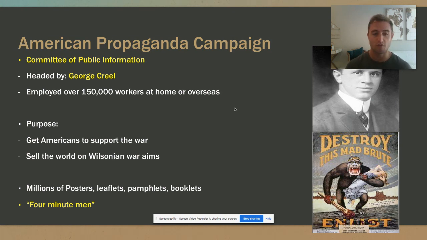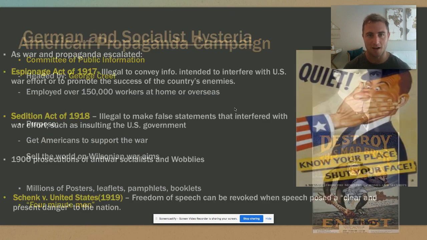We're going to have the Four-Minute Men coming in between the changing of movie reels in the theaters, coming out and trying to inspire Americans to hate the Germans. In fact, these were the era of our very first movies, which were almost all anti-German propaganda. And so lots of propaganda, obviously, by the United States.